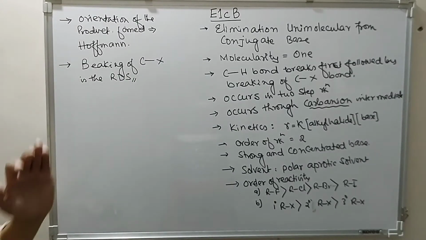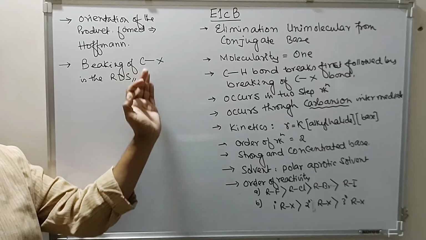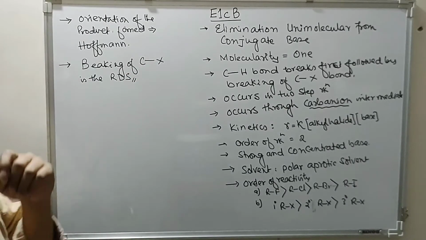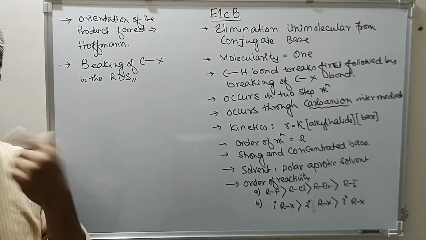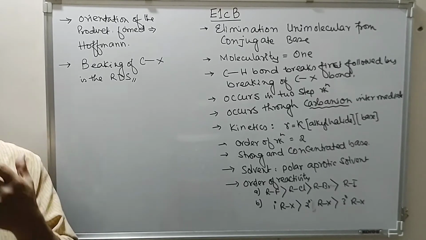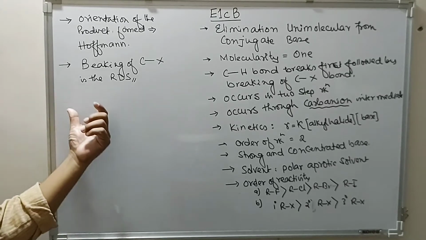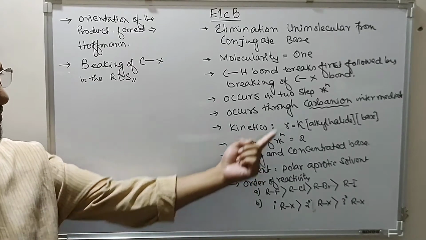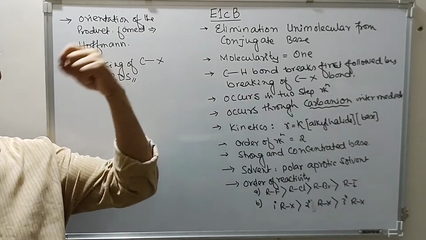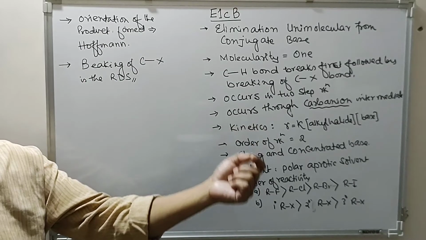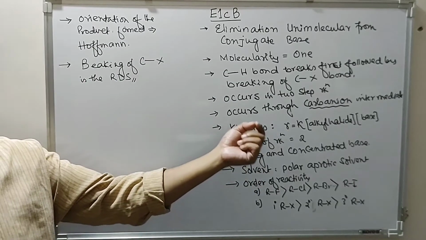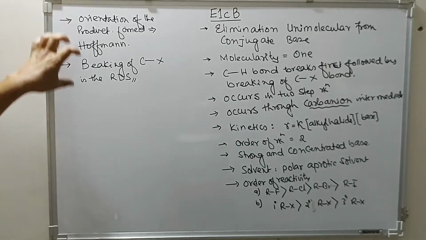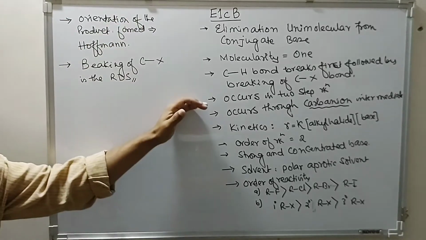So in the rate determining step of the reaction, there is a breaking of CX bond. So look at this. In E2 reaction there was a transition state, and the transition state acquires alkene character, whereas in E1cB there is formation of carbanion intermediate and there is no considerable alkene character in the transition state. So these are some of the important features or important points concerning this E1cB.